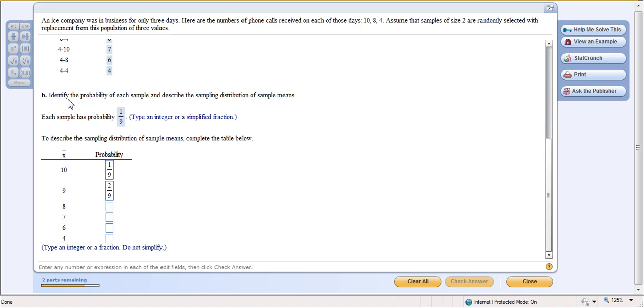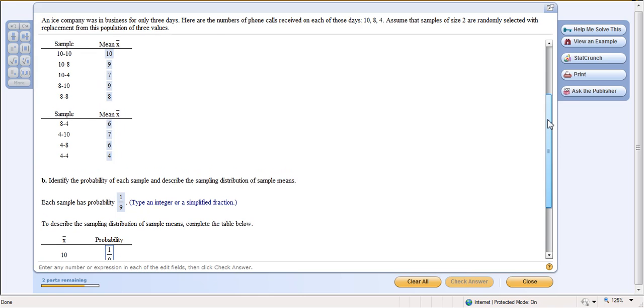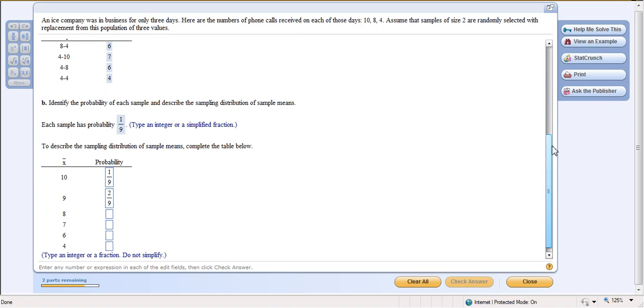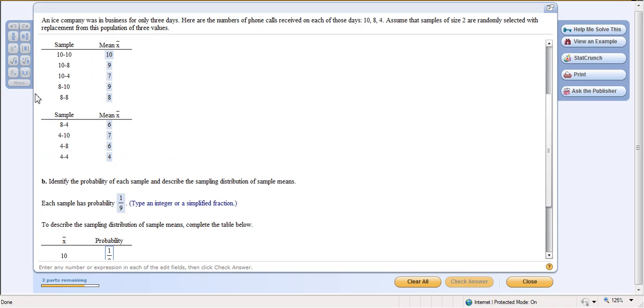Now they say identify the probability of each of these samples. So if we take a look at 10, the mean of 10 only occurs 1 out of the 9 times. So here, 10, and you get 1 divided by 9. 9 occurs 2 different ways. A 9 here and a 9 here.